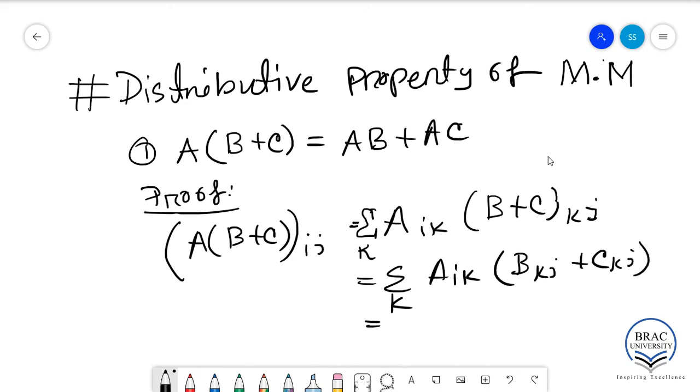Okay, now these are just numbers, so numbers will satisfy the distributive property as well. So using that, we can write Aik Bkj, you put a bracket over here, plus Aik Ckj, right?